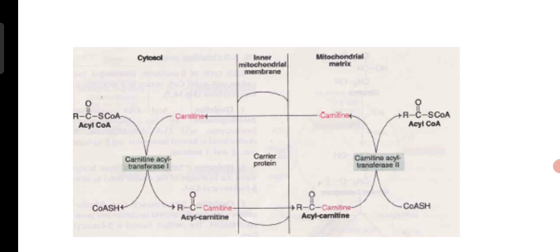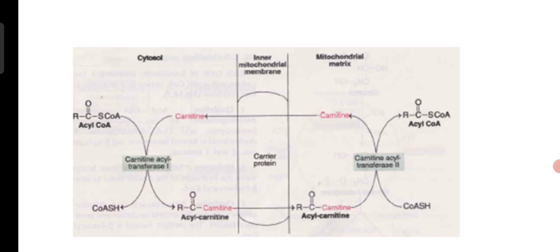Finally, we are getting acyl carnitine with the help of coenzyme A. And this acyl carnitine is transported across the membrane using a carrier protein. In the center you can see the carrier protein in the inner mitochondrial membrane, and it reaches the mitochondrial matrix.